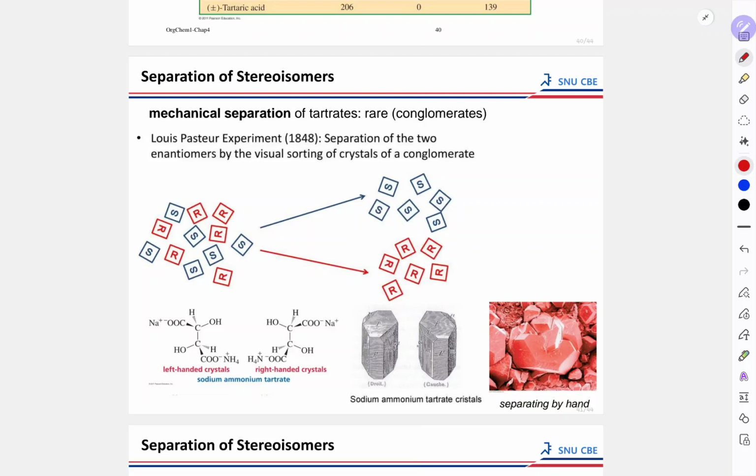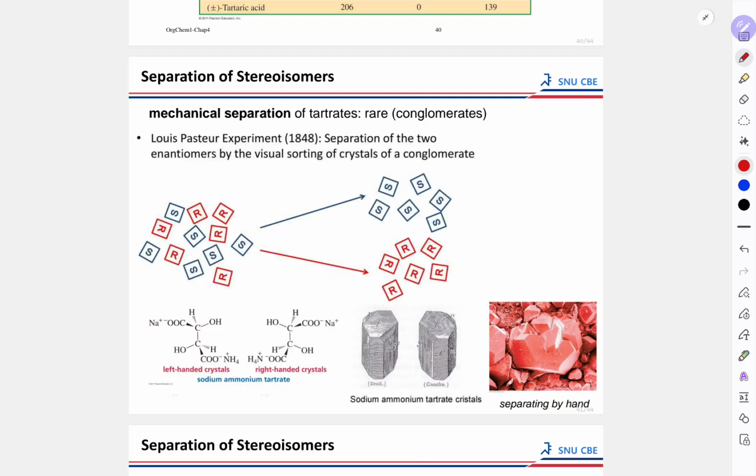Basically, you can crystallize them out and separate one by one using tweezers. The R form and S form crystals have different directionalities, so by looking with your eye, you can pinpoint R versus S. That's how you can separate them.